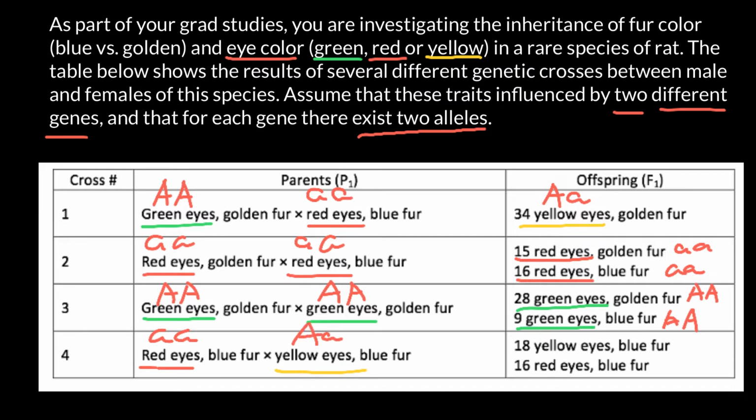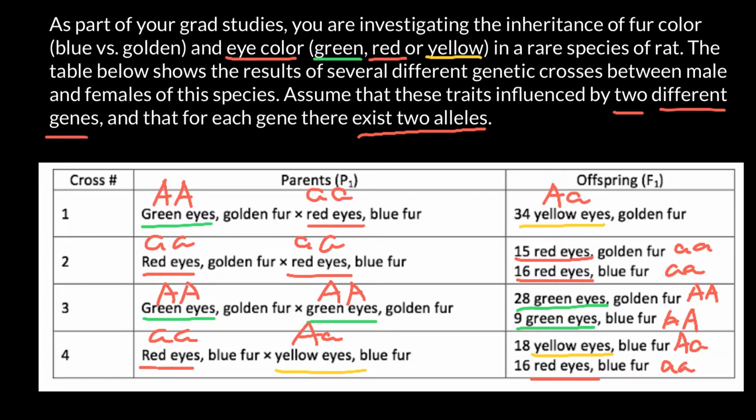Such a cross would result in 50% of the progeny being heterozygous, so capital A, small a, with yellow eyes, and 50% would have red eyes, and this is going to be the homozygous recessive genotype.